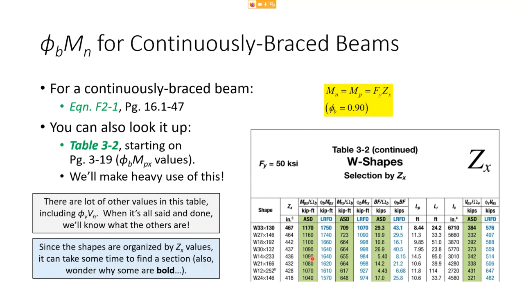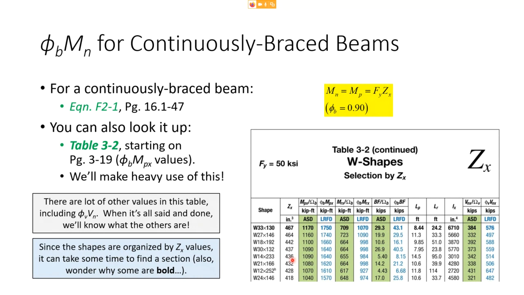It's literally just all the beam shapes sorted by ZX, okay? So as a result, if you're analyzing a particular beam and you're trying to find the W14 by 233, it sometimes takes you a little while to find it because it's sorted by ZX.